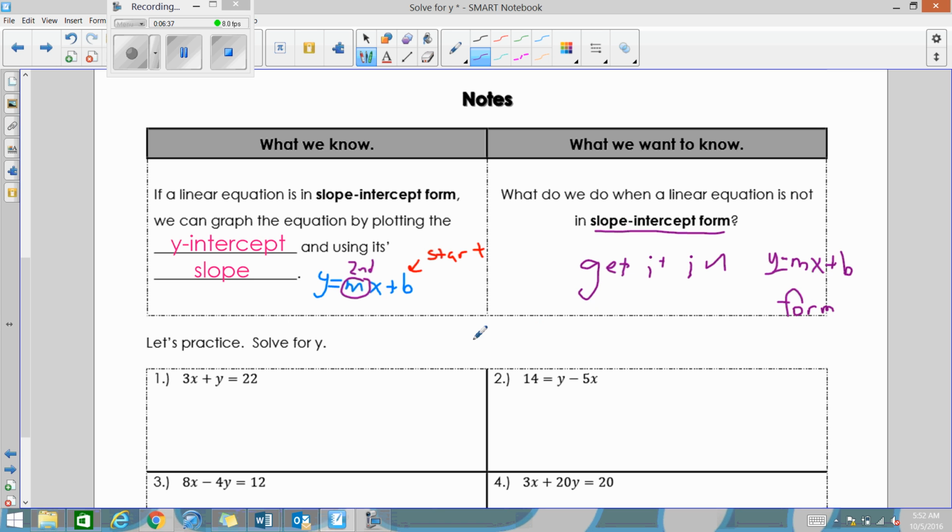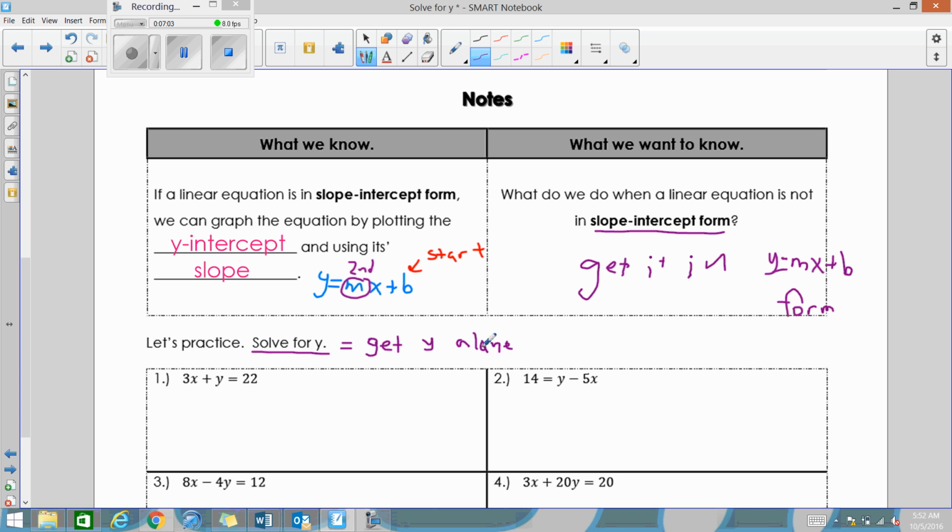To get it into y equals mx plus b, we want to get y alone. That's what it means. Solve for y means get y alone. That's all you're doing today. Today's lesson is get y alone.